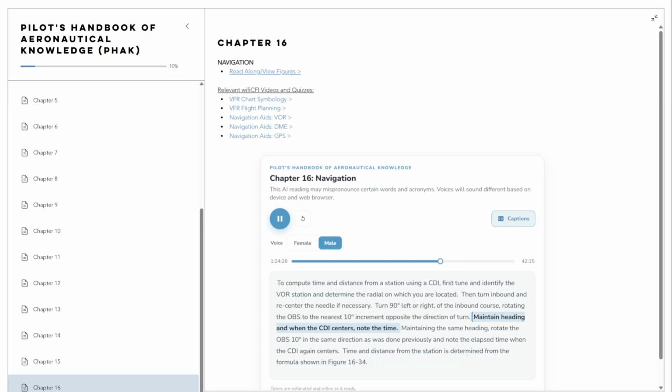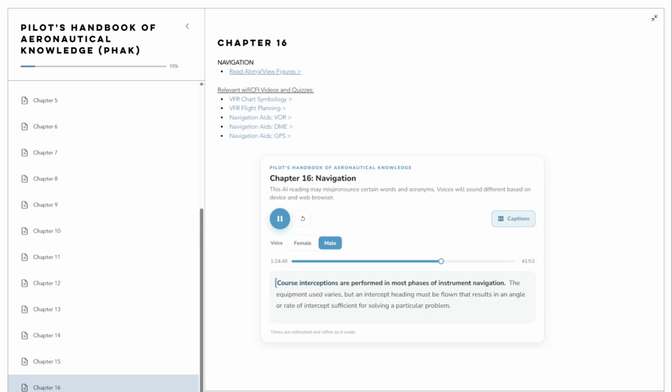Maintain heading and when the CDI centers, note the time. Maintaining the same heading, rotate the OBS 10 degrees in the same direction as was done previously and note the elapsed time when the CDI again centers. Time and distance from the station is determined from the formula shown in figure 16-34.